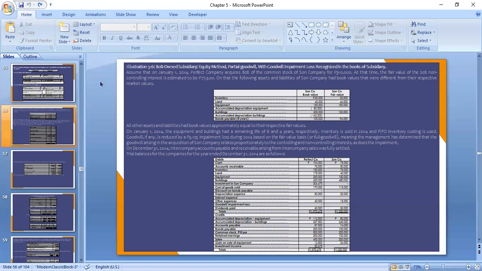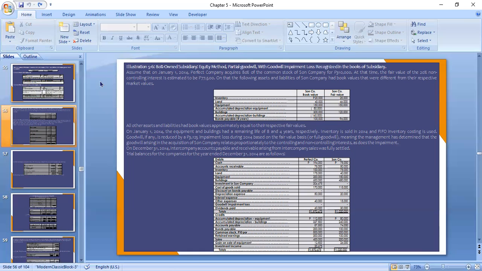We are now given the fair values in this second column. In other words, the inventory is undervalued, the same with land, and for the equipment, the fair value is higher than the book value.